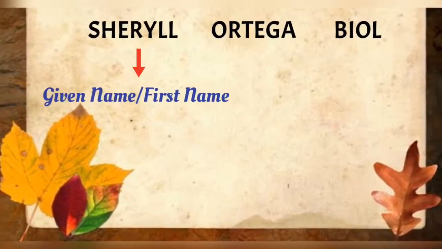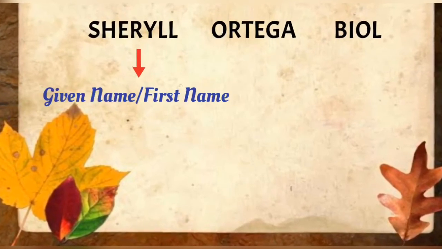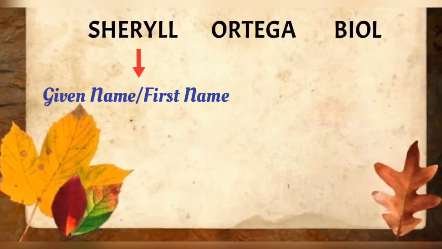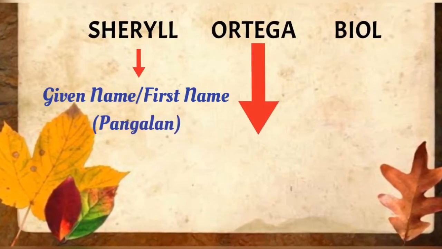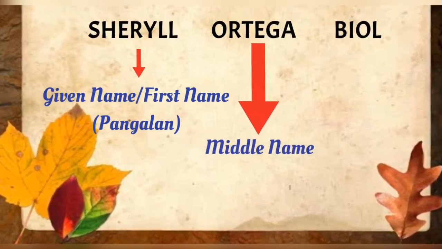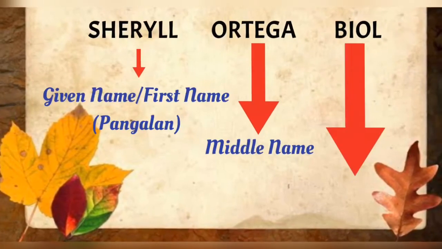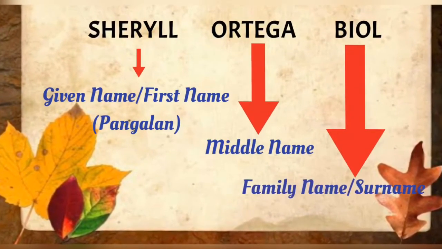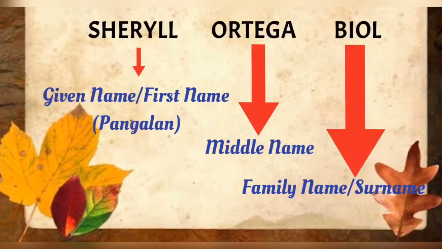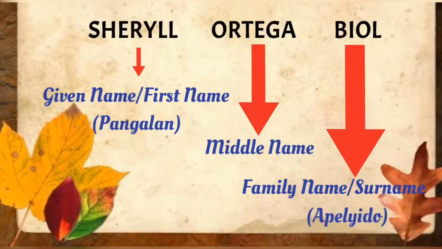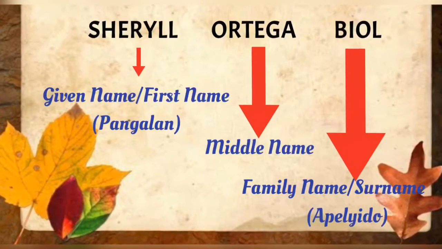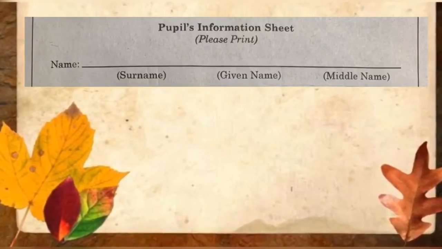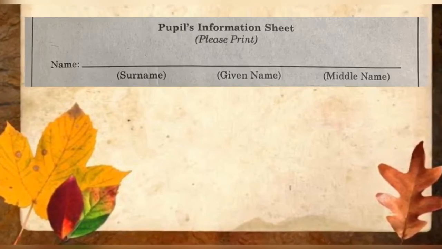Cheryl is my given name, the same as first name, commonly known as pangalan. Ortega is my middle name and Biol is my family name, the same as surname, widely known as apelyido.